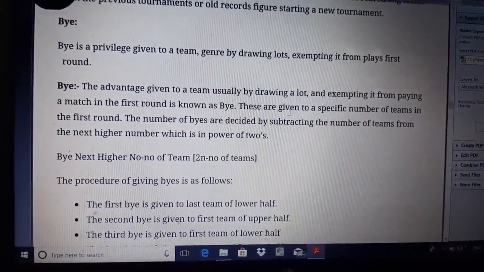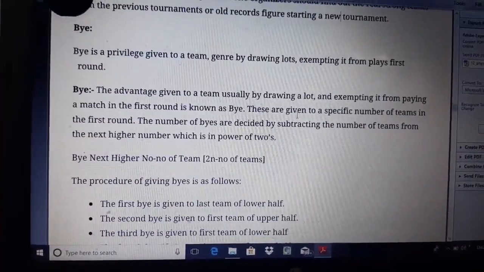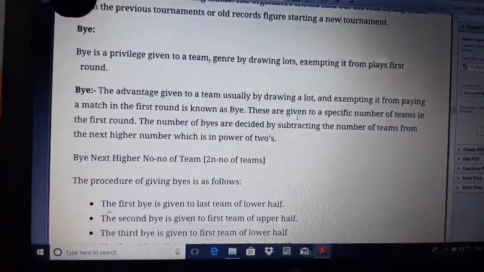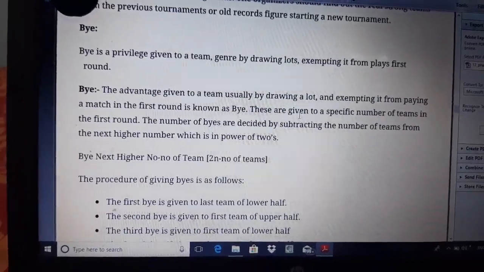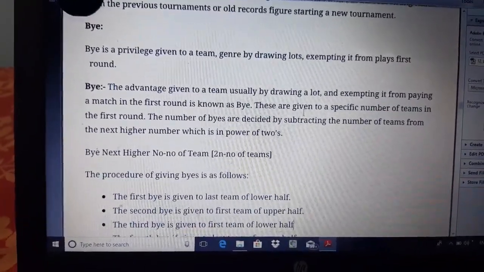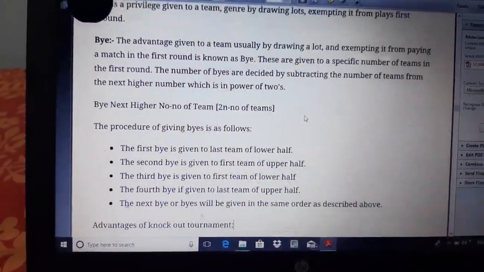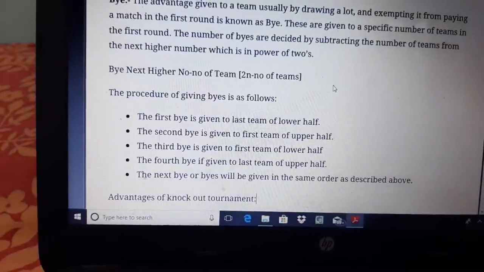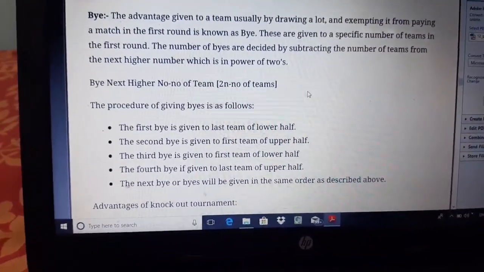The second bye is given to the first team of the upper half, the top team of the upper half. Now the third bye will be given to the team second, sorry, first team of the lower half. For example, you have 13 teams.